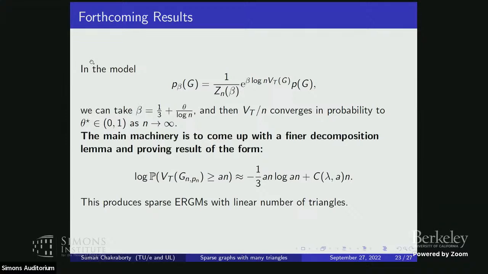And what are the machineries for this? The decomposition lemma, in terms of the error, is not as bad as the structural lemmas that we have in dense cases. So we could make it even finer by going to a 4-level decomposition and prove a result like this, where the second order is also correct.